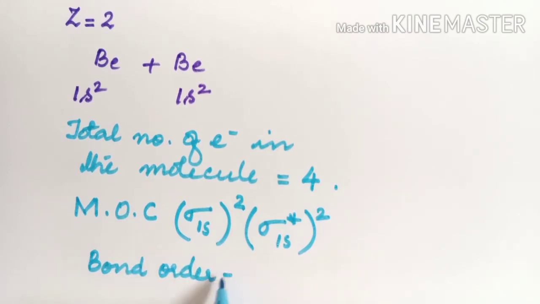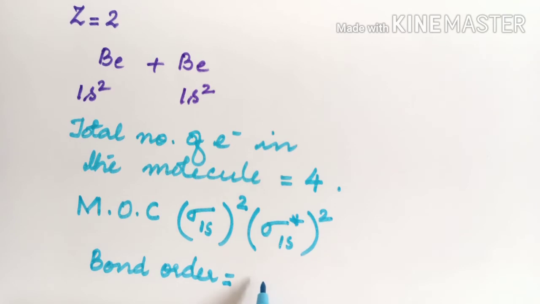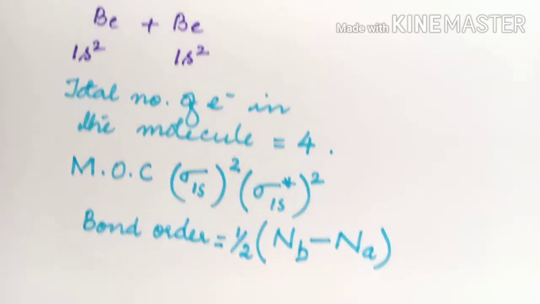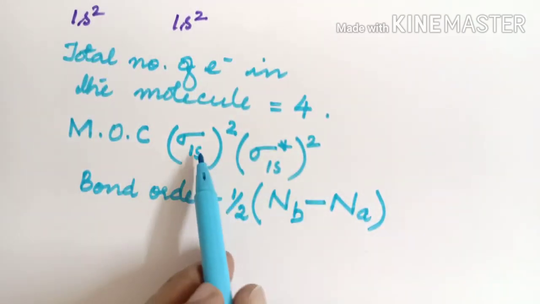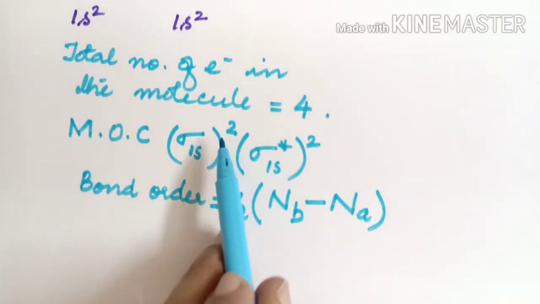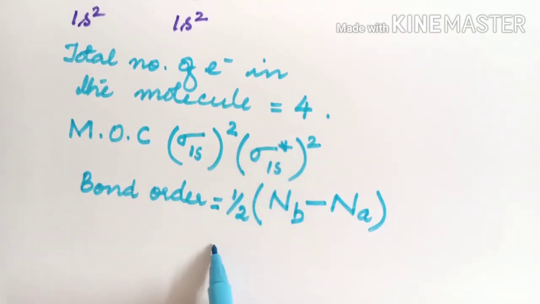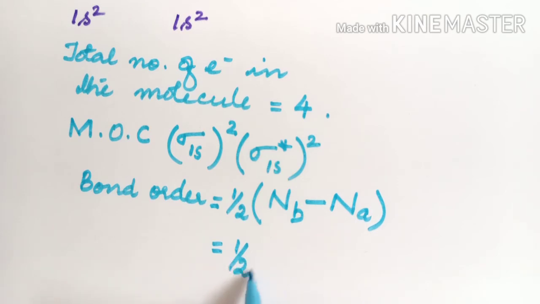How is it calculated? It is calculated using the formula: half of the number of electrons in the bonding molecular orbitals minus the number of electrons in the anti-bonding molecular orbitals. Here you find that 2 electrons are present in the bonding as well as the anti-bonding molecular orbital, from which we can understand that the bond order will be half of 2 minus 2, which is equal to 0.